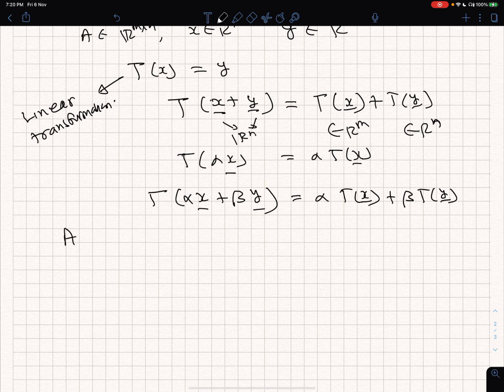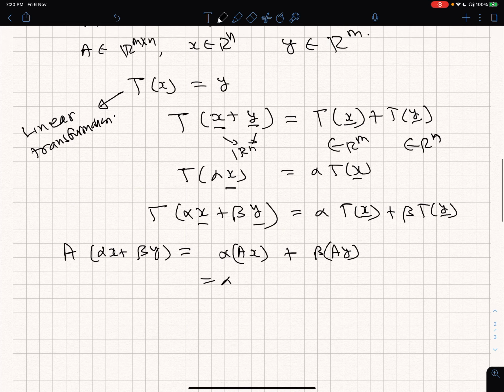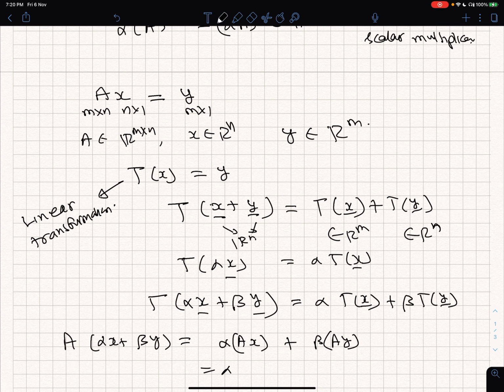So now look at the A matrix and see if it is a linear transformation. You can easily see that this is the same as alpha times Ax plus beta times Ay.